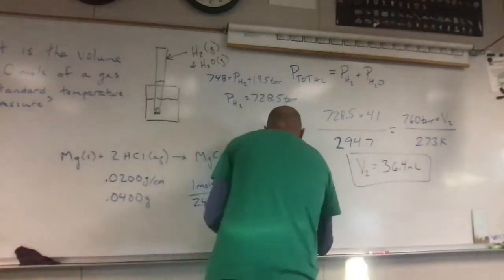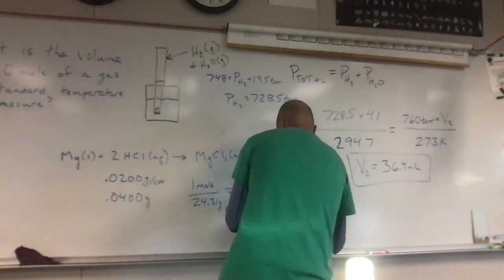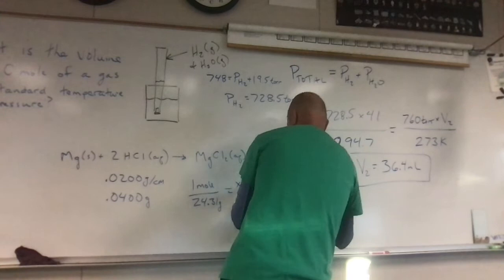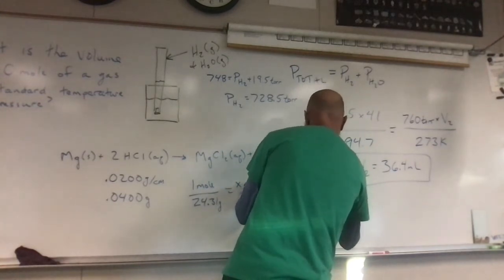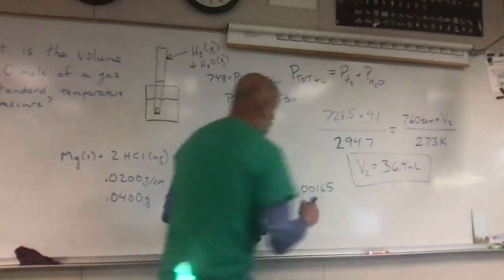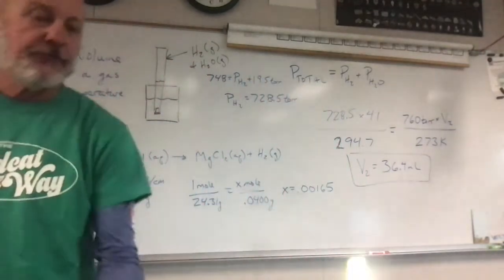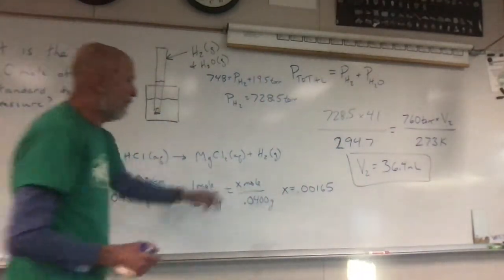And I get X equals 0.00165, or 1.65 times 10 to the minus 3. What are my units? Moles.